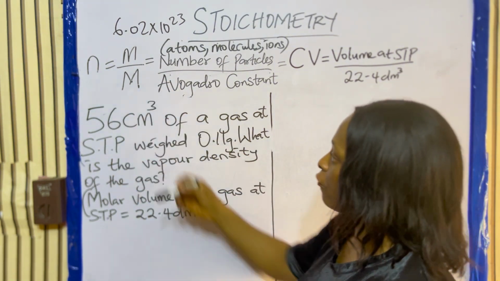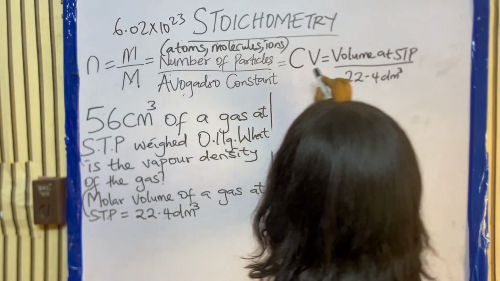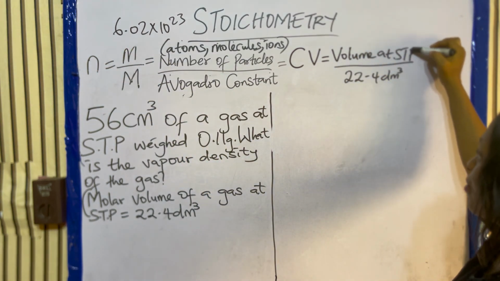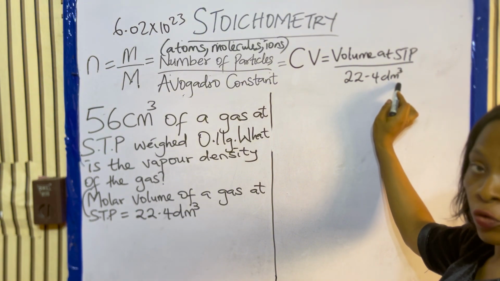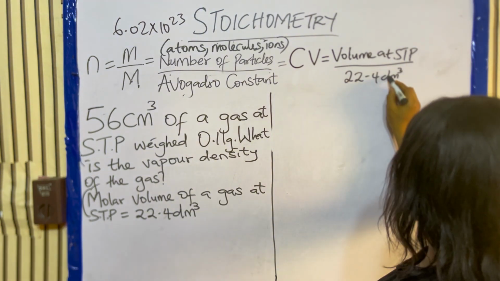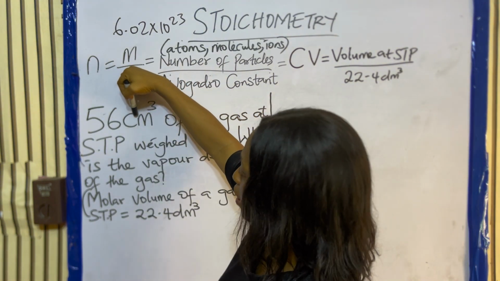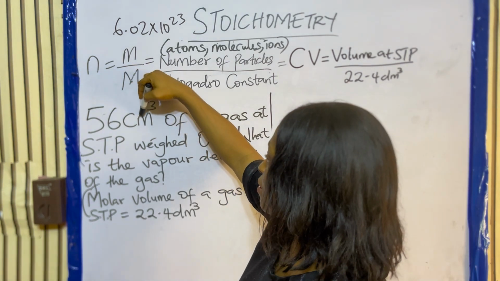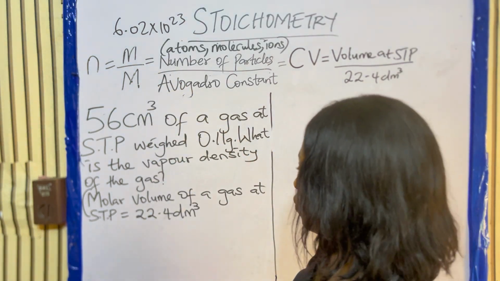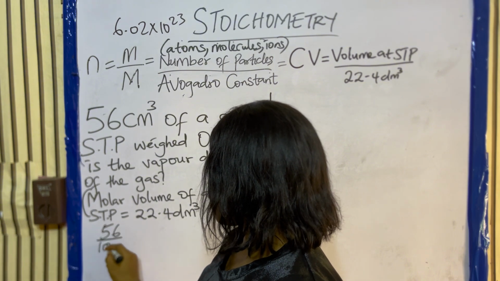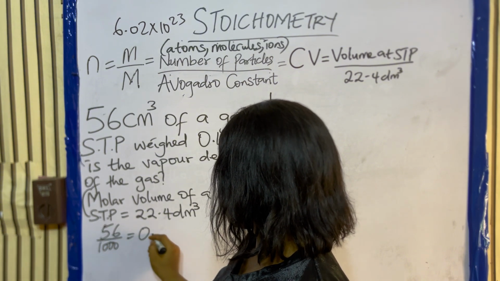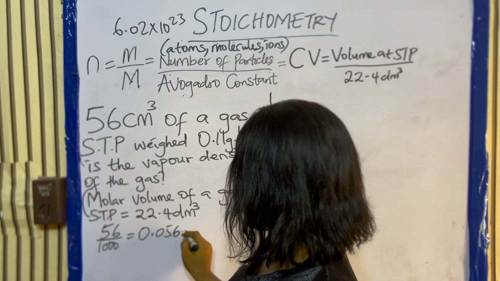To find the number of mole, it is equal to volume at STP over 22.4 dm cube. All right, so this is dm cube, but this is cm cube. So we are going to convert this cm cube to dm cube. To do that, that will be 56 divided by 1000, and that will give us 0.056 dm cube.